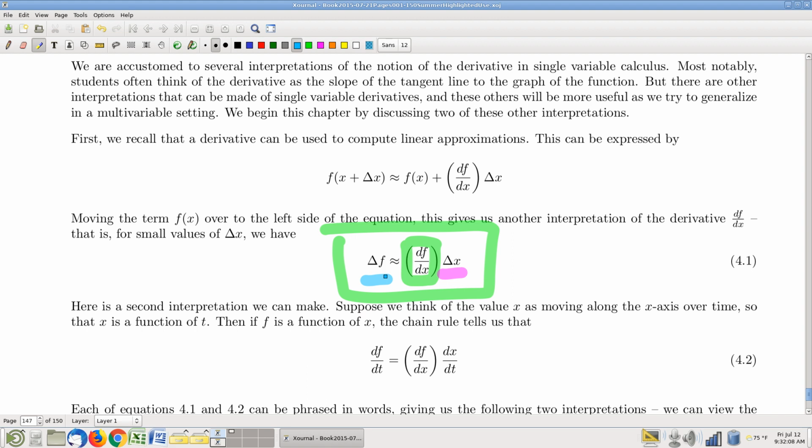So the takeaway I want to have on this formula right here is that the derivative is a relationship between an input change and an output change. Now it's just an approximation, of course, because these are finite changes. I mean, the function's curving and stuff, so everything's off a little bit, right? But it's a relationship between input change and output change.